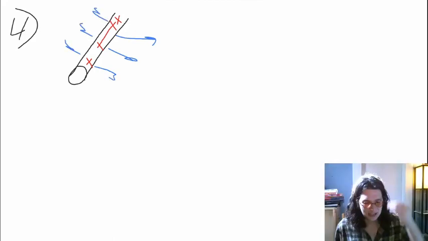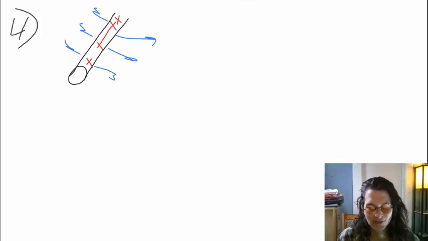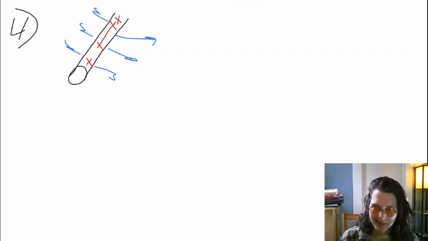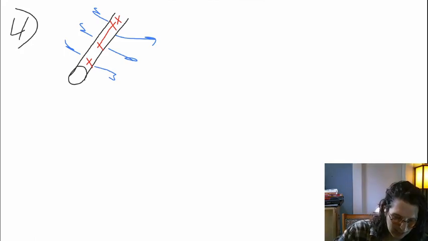With that in mind, we'd like to draw a surface around this rod that is perpendicular, because remember, Gauss's law is a dot product. We'd like Gauss's law to simplify and allow us to just do an E times an A. So how would I draw a surface that would be perpendicular? That surface would just be another cylinder.